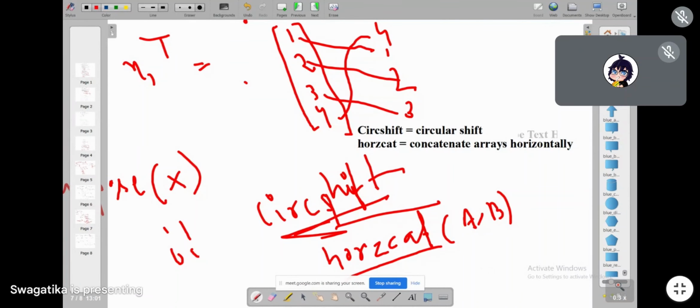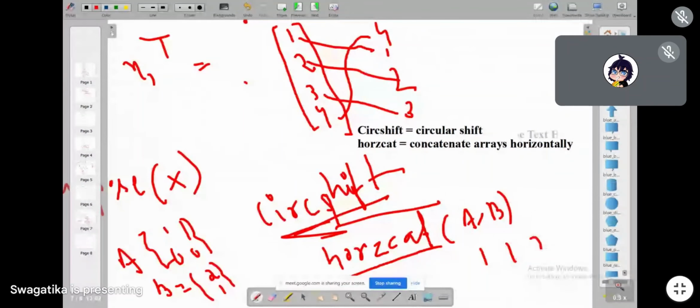Now horzcat and B is equal to 2 1. So by using horzcat(A, B) you will get 1 1 2 0 0 1 like this. Okay.